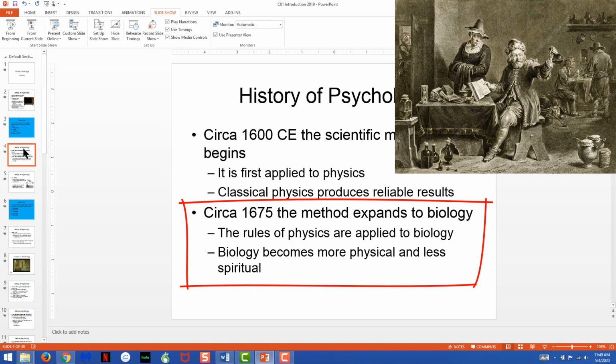Now, of course, there were medical doctors long before 1675, and there were people doing work on medicine long before this time period.